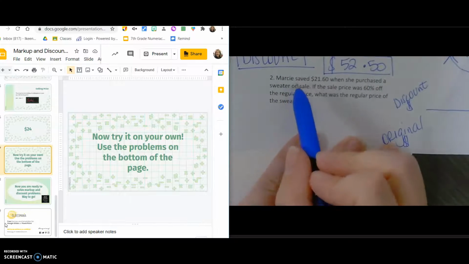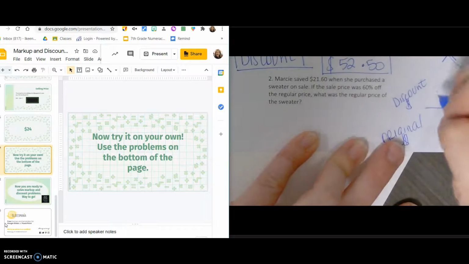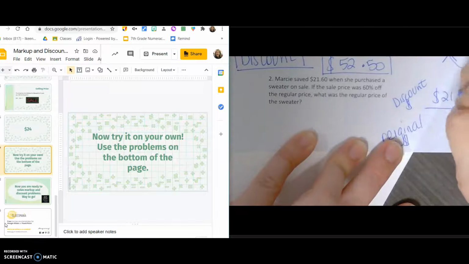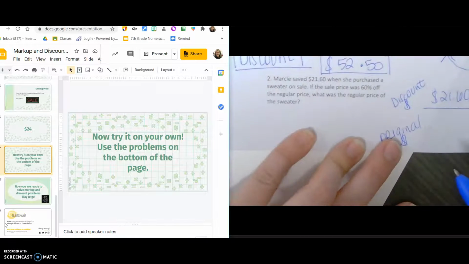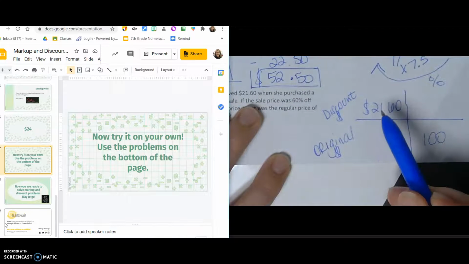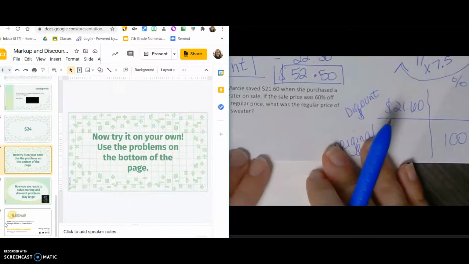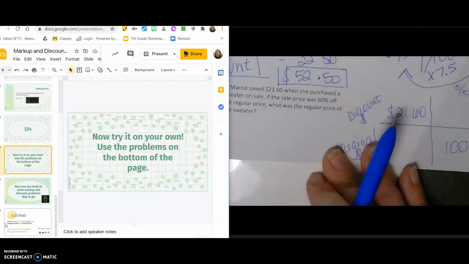Okay. So Marcy saved $21.60 when she purchased the sweater on sale. So that $21.60 is not my original price. I'm sorry. Scoot it over. My discount over my original. According to my problem, I'm going to try to get it all on here. Zoom out a little. Hang on.